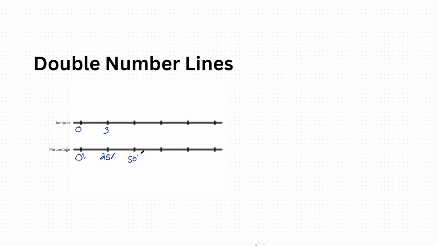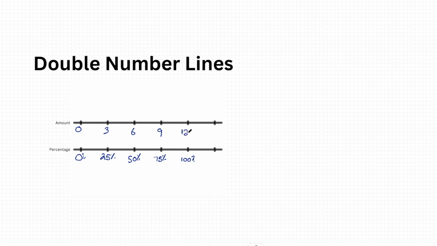If that's 50%, then I need to add 3 plus 3, and this is going to be 6. The next tick is going to be 75%, and if I add 3 to 6, I get 9. And then the next tick is going to be 100%, and this is going to be 9 plus 3, which gives you 12.